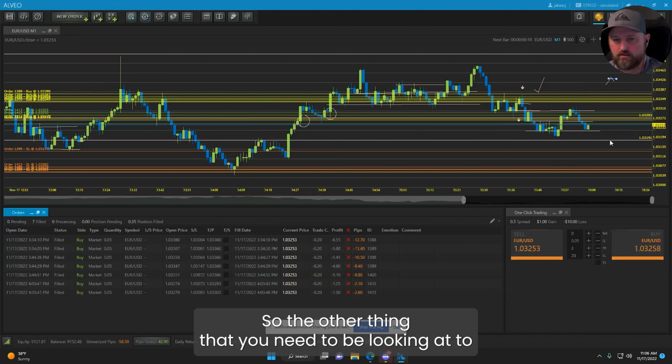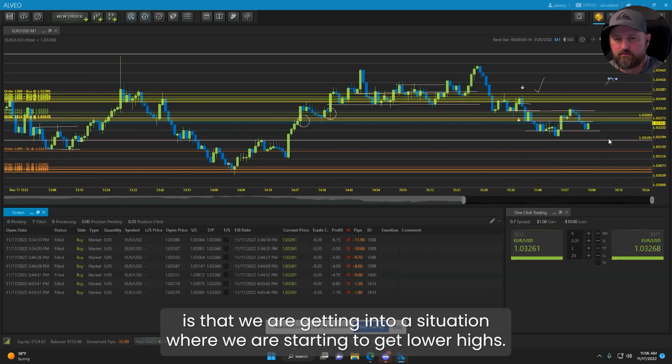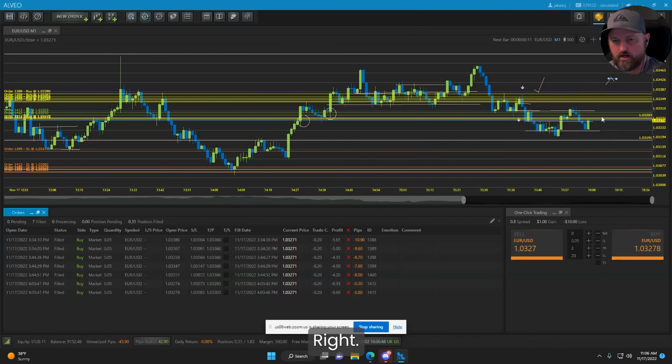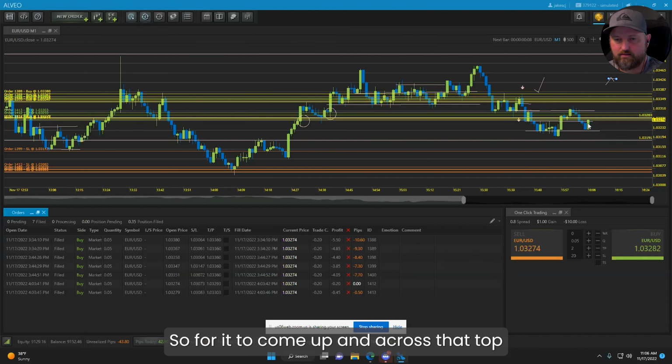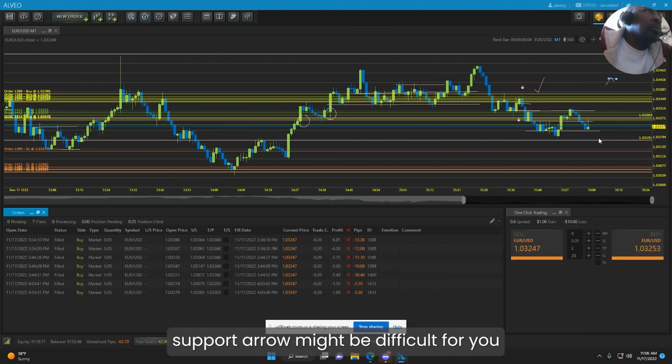The other thing that you need to be looking at too, if you have buys on that you're nursing, is that we are getting into a situation where we are starting to get lower highs, right? And so for it to come up and across that top support area might be a bit difficult for it.